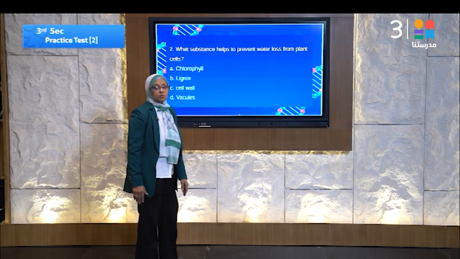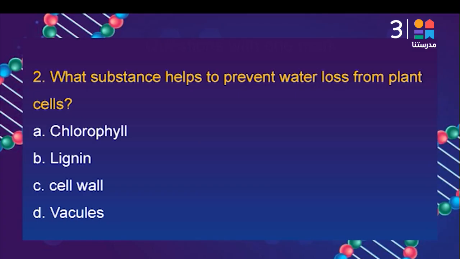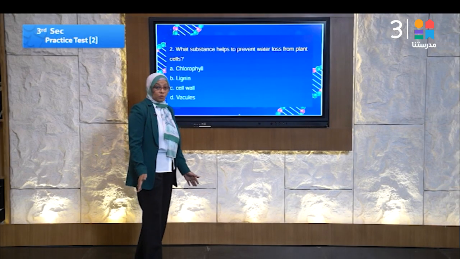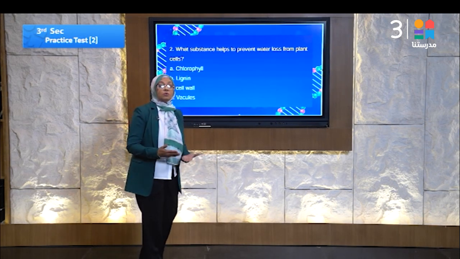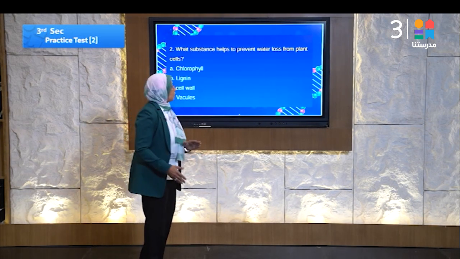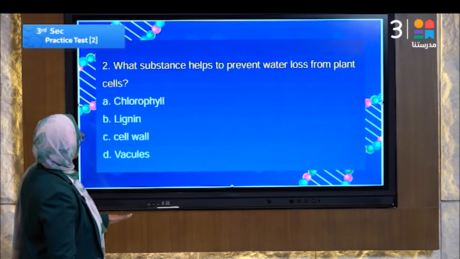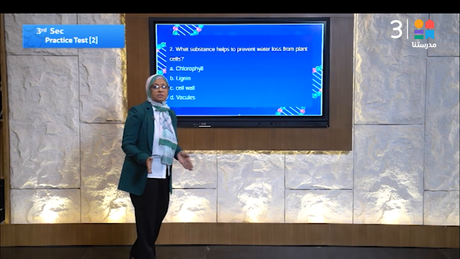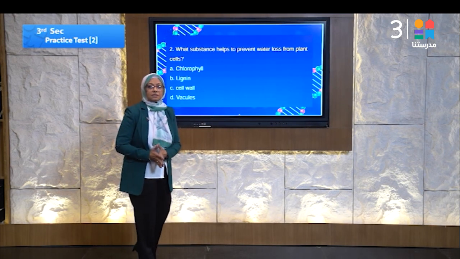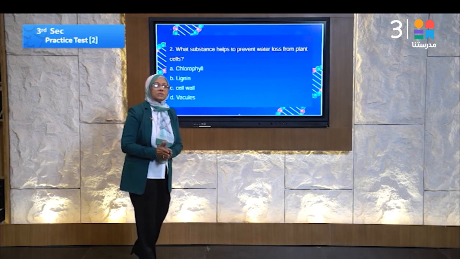Question number 2 is, what substances help to prevent water loss from plant cell? Prevent water loss means no water loss, no evaporation. Number A, chlorophyll. Chlorophyll is a substance which collects the sunlight and causes the photosynthesis process.